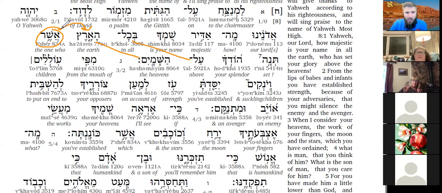So are we referring to haaretz, shimcha, or Adonai Adonenu, which you set your splendor on the heavens? I guess you're right. It would have to go all the way back to Adonai Adonenu.